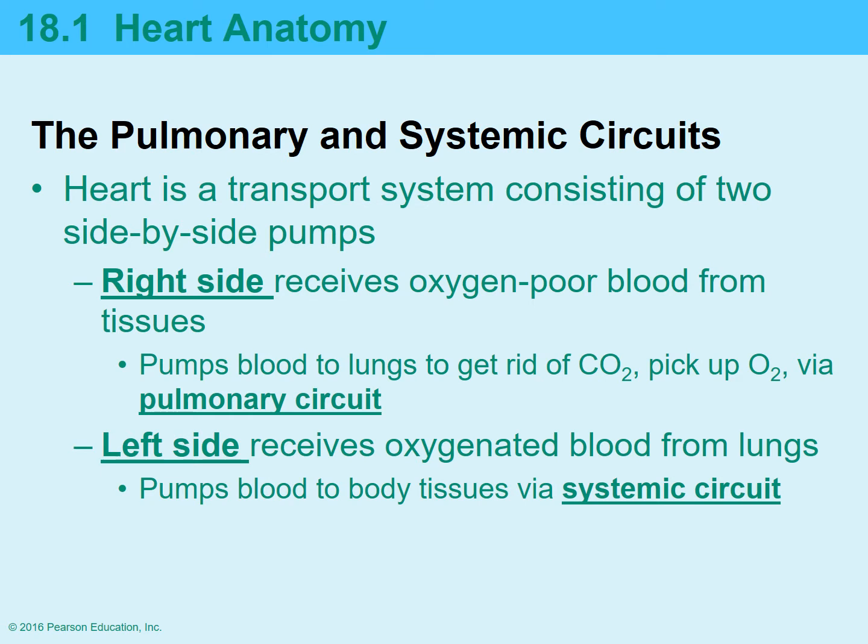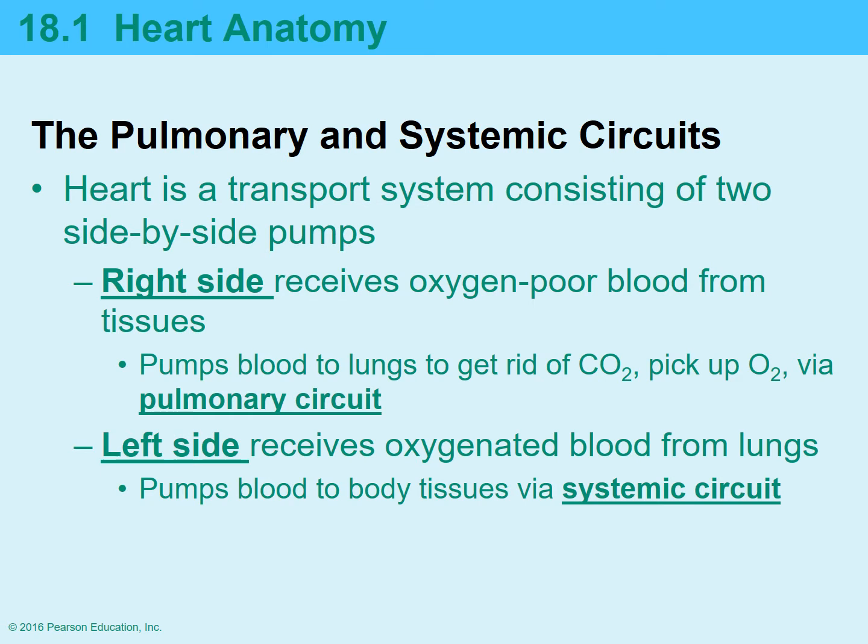So the right side of the heart is going to be receiving blood from throughout the body, other than the lungs. And this blood that is returning to the heart on the right side is very low in oxygen. It's very high in CO2, but very low in oxygen. And this will form the pulmonary circuit or the pulmonary circulation pathway.